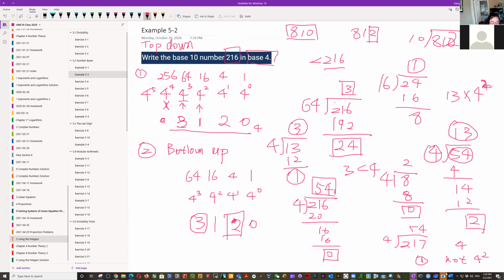So this 3 is entitled to have 3 of the 4 factor, so basically it needs to multiply 4 to the cube.